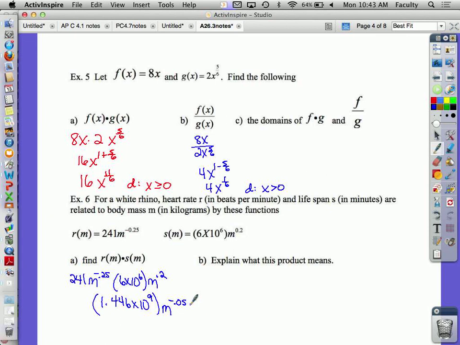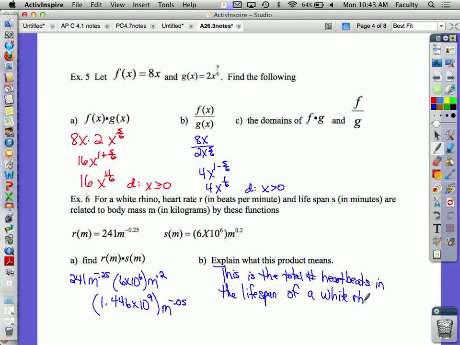So it's how many heartbeats you'll have in this entire life. Right, exactly. So this is the total number of heartbeats in the lifespan of a white rhino. Which is fascinating to think about.